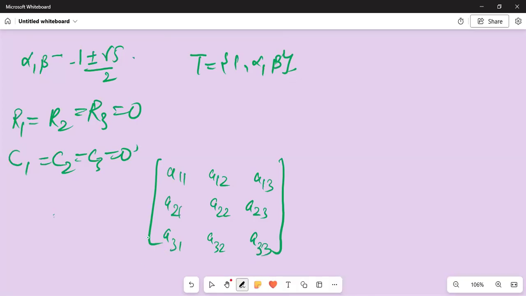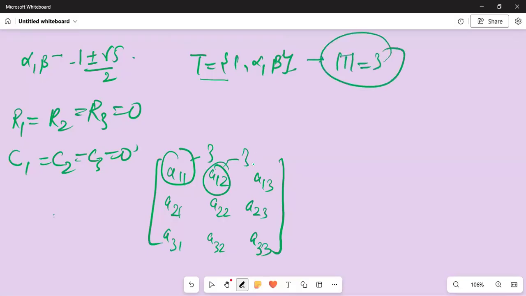So if you find the total number of matrices with entries from T, what answer are you going to get? This has three choices. Similarly, this has three choices because the cardinality, or the number of elements in T, is 3 here. So all the entries have 3 choices. Since there are 9 entries, this is going to give you 3 to the power 9.